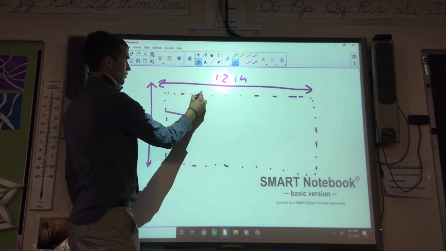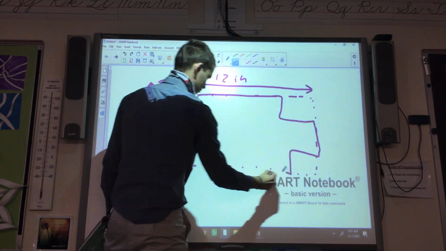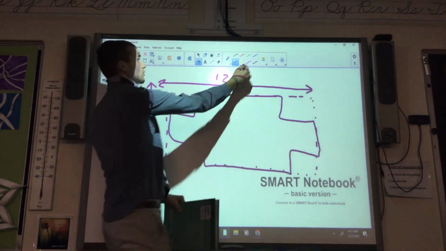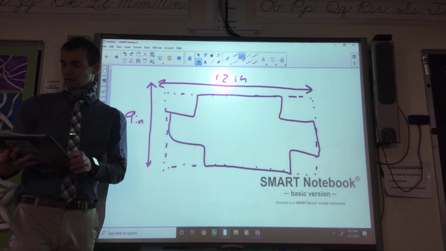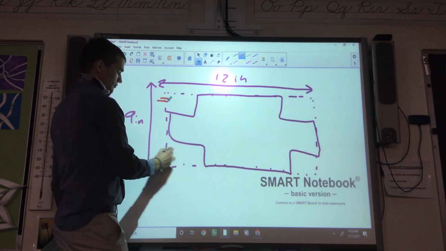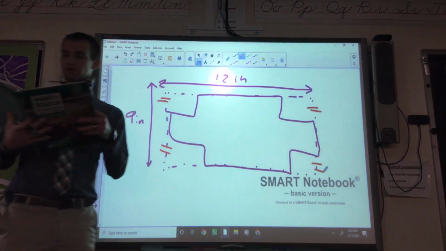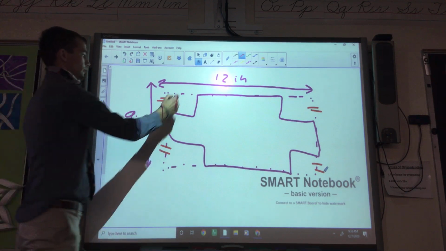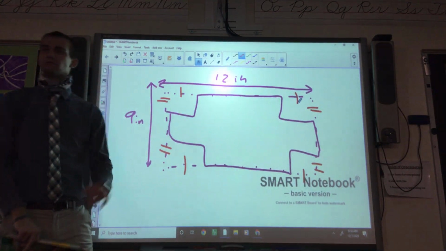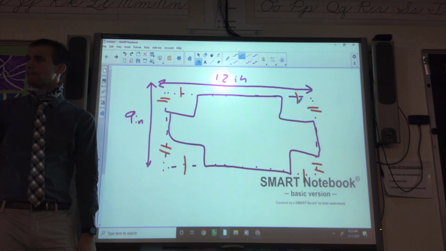We're gonna say more or less that looks about the same thing, right? And then it also tells us this and that and this and that are the same. Now, what do those little lines mean? Every single side is the same.